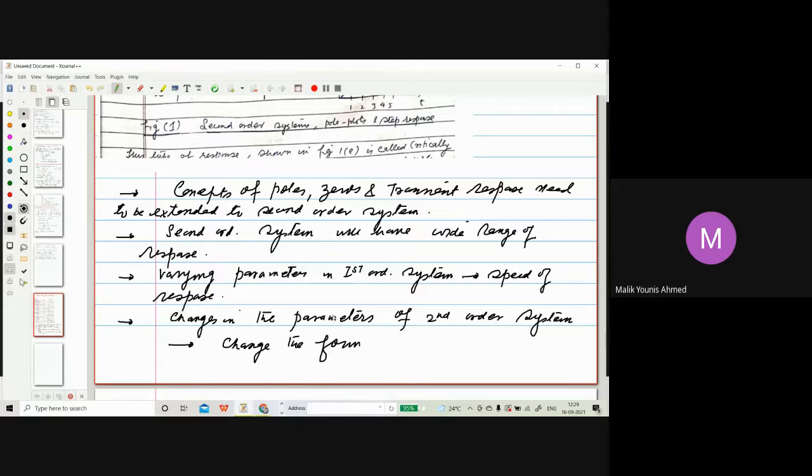There can be exponentially decaying functions, and sinusoidal oscillations can be included. So a number of things will change in this case, because the variety of responses is in a bigger range as compared to the first order. So it will change the form of the response.